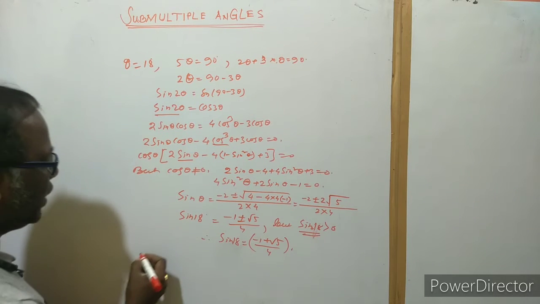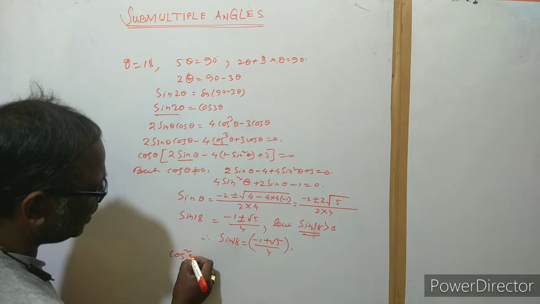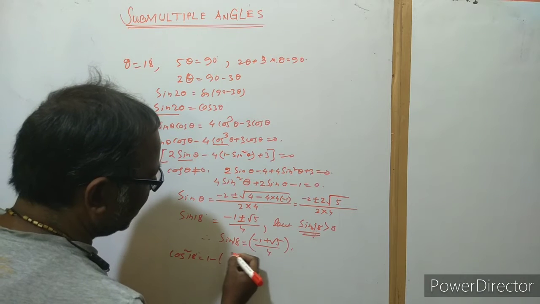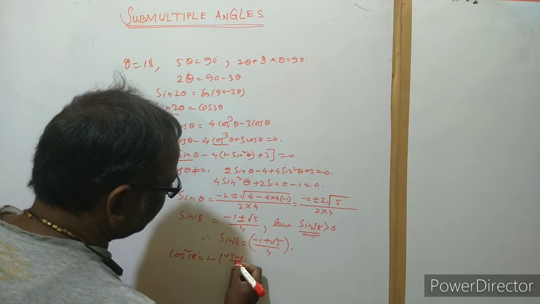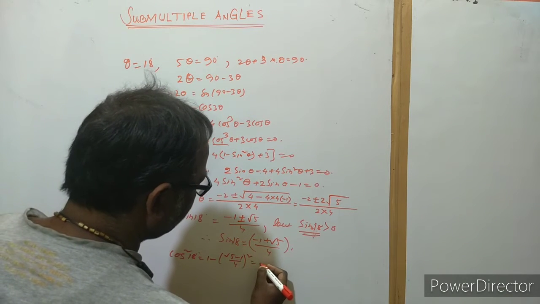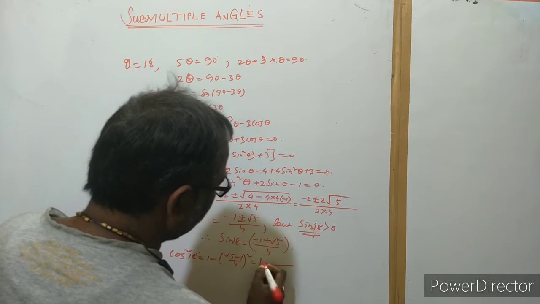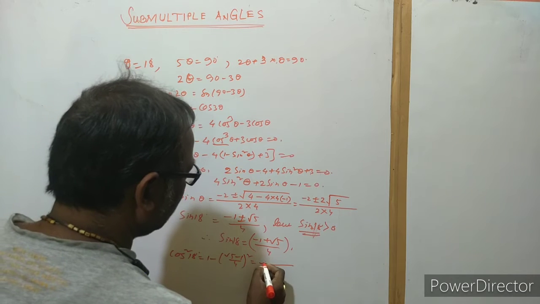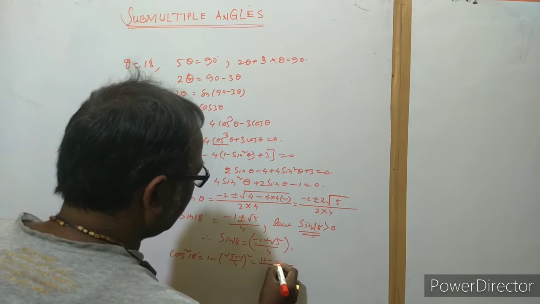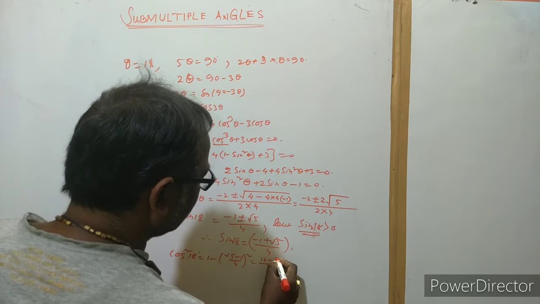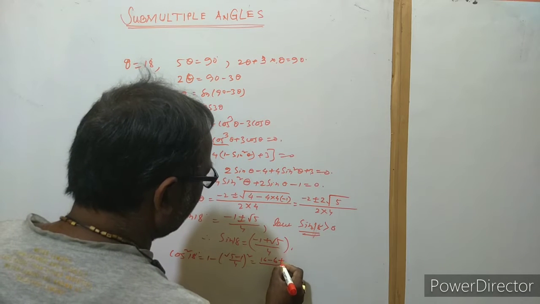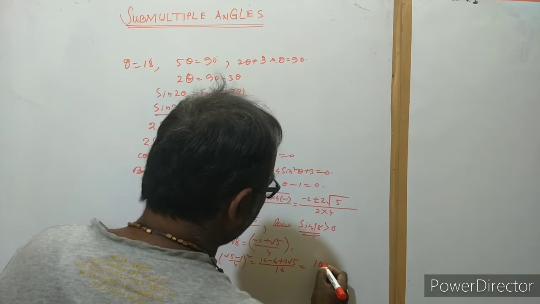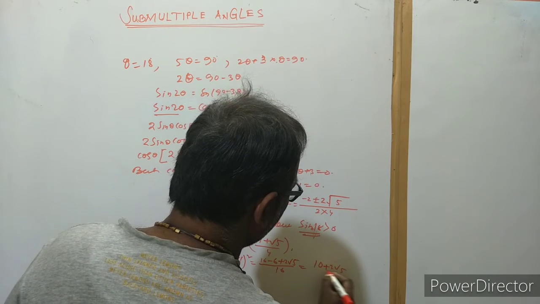If you want to find the value of cos 18, cos square 18 is 1 minus sin square 18, and sine 18 is root 5 minus 1 by 4, squared. Squaring and taking the LCM, 16, we get 16 minus 6 plus 2 root 5 by 16, which is equal to 10 plus 2 root 5 by 16.